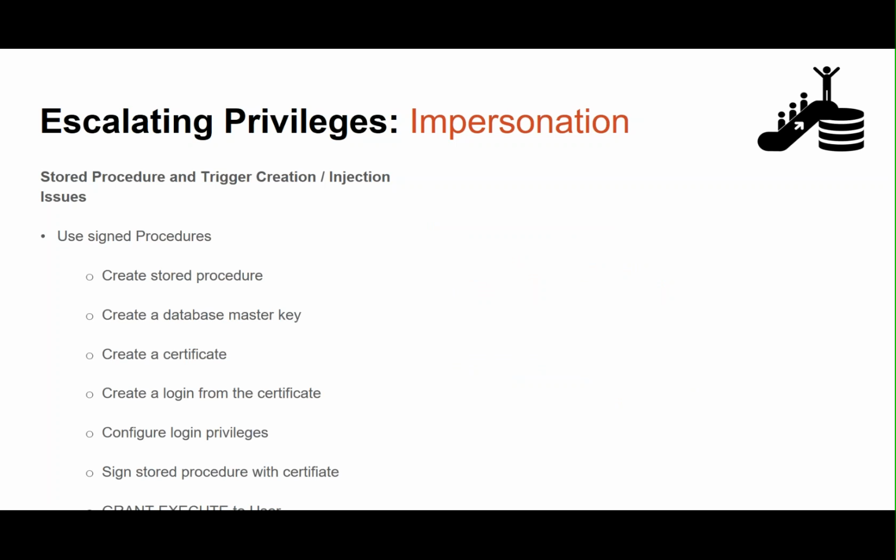This is really my favorite. A lot of people are now starting to use signed procedures, and in my opinion, these are the more secure option for allowing users to execute specific functionality in an elevated context. So the process works: you create your procedure, you create a database key, create a cert from the key, create a login from the cert, and then you assign, in theory, only the privileges you need to that login, and then you sign the stored procedure with the cert, and then you can grant execute on that stored procedure to even the public role.